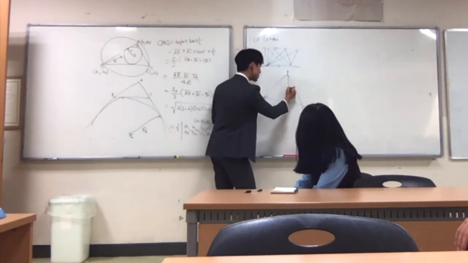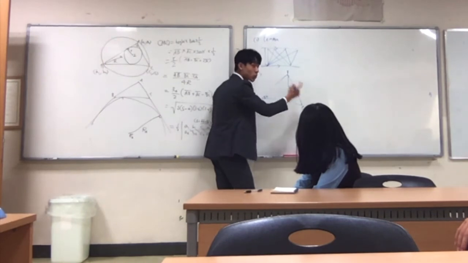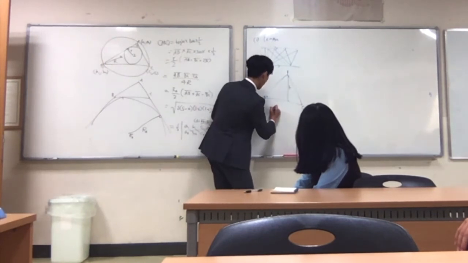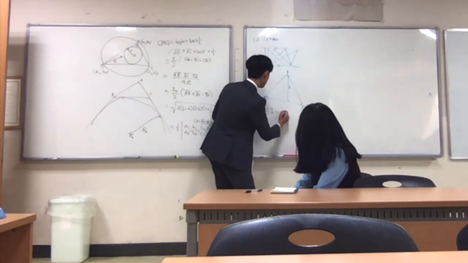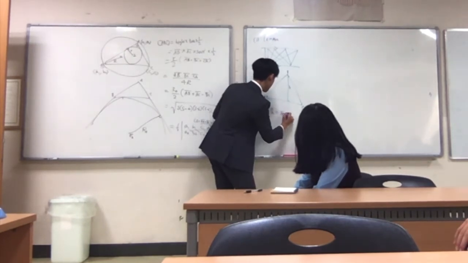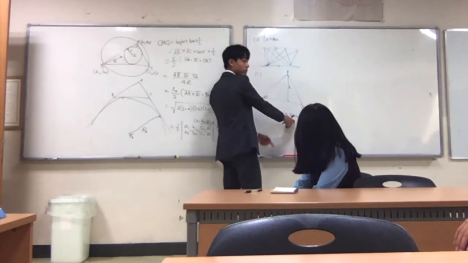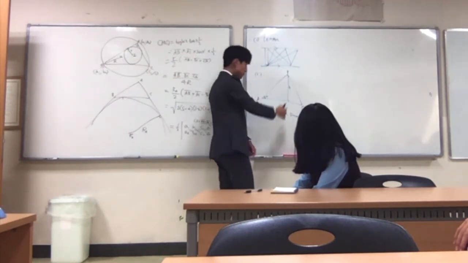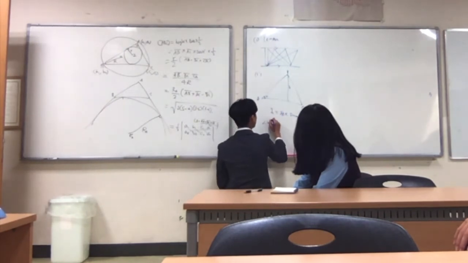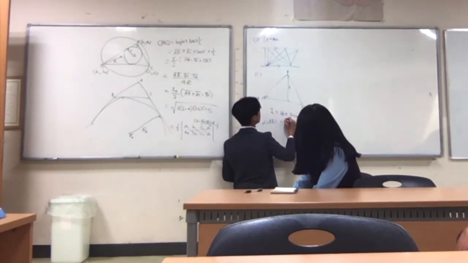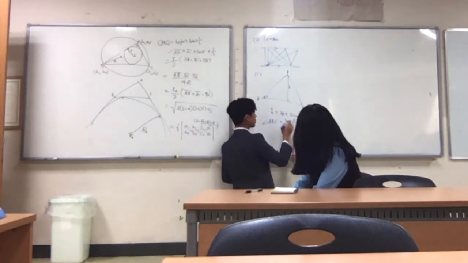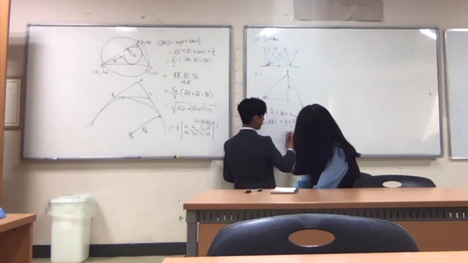Then the height of this triangle by trigonometry, SOHCAHTOA, H, the height, equals AB times sine alpha, because sine alpha equals H over AB. And we know that the area of ABC equals H times AC over 2, right? So if we plug this in, we get AB times AC times sine alpha over 2. So first one true.